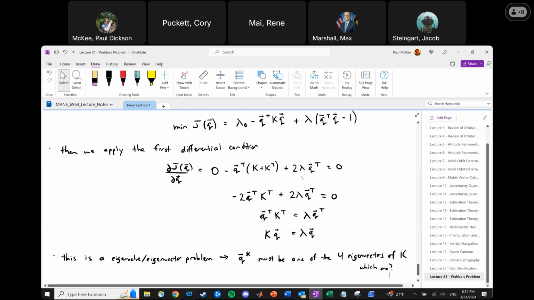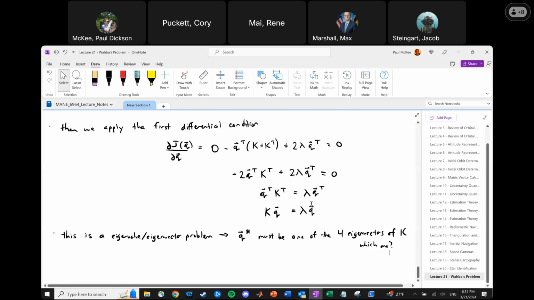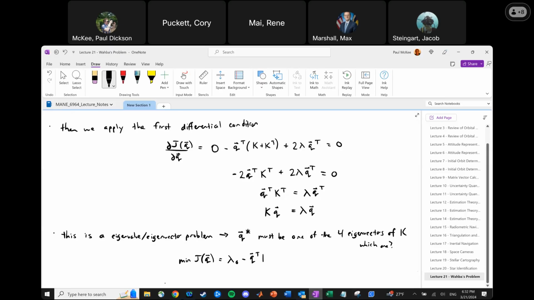So let's go back to the minimization problem before we applied the first differential condition, right? And let's look at it just this way. It's going to be the min of J of q is equal to lambda naught minus q transpose Kq. And we're going to ignore the constraint for now, right?